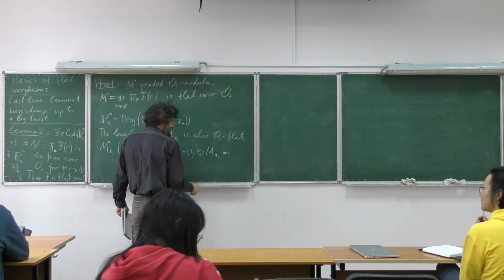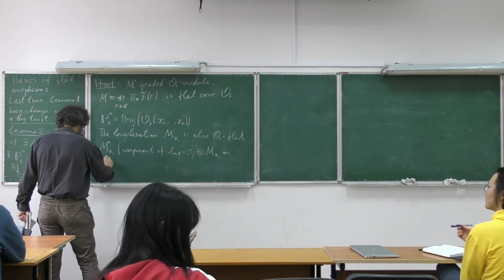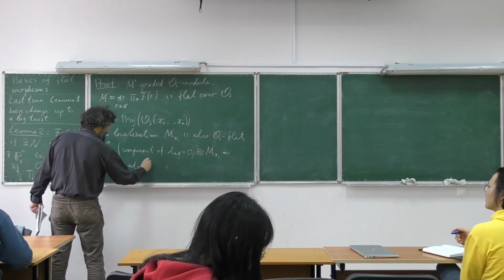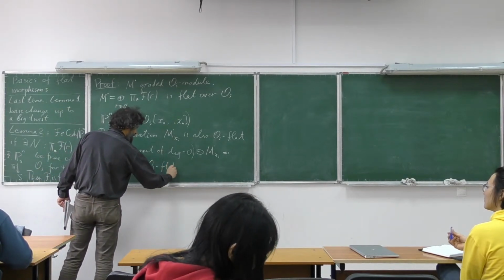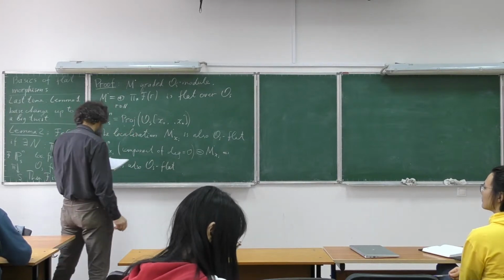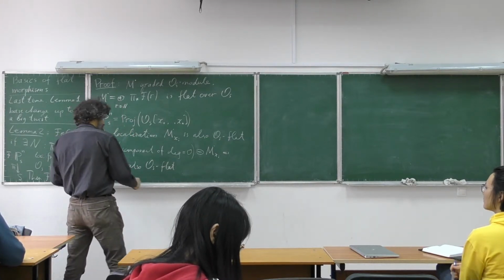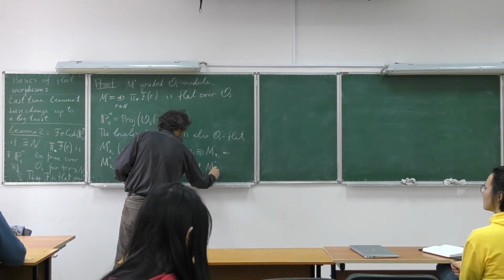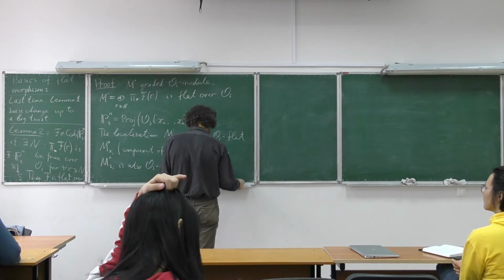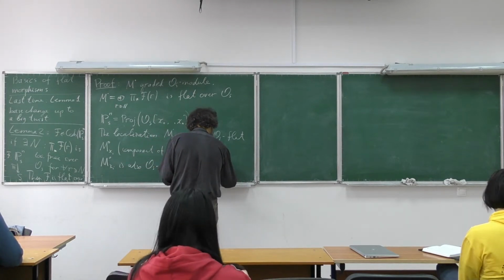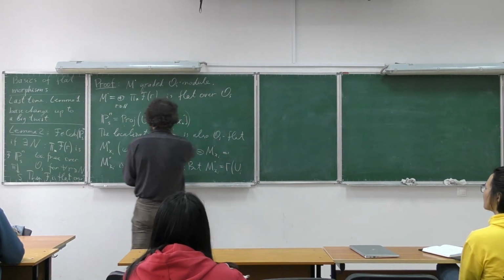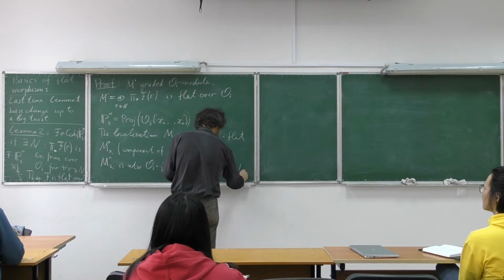So it's also flat, as a direct summand of a flat module. On the other hand, this module, the degree 0 part, by definition is the global sections of the open chart of this projective space with coefficients in our sheaf.